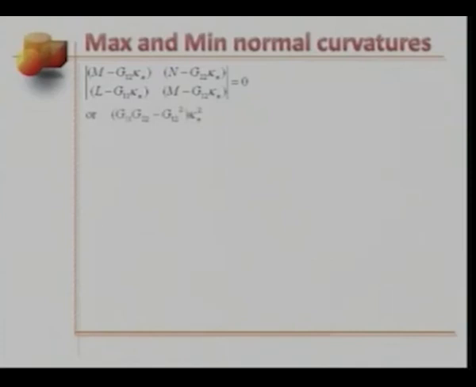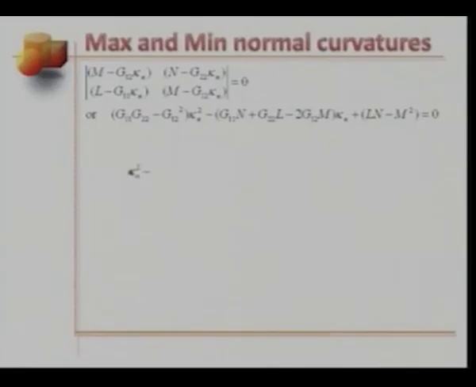That would give us (G11 G22 minus G12 squared) times kappa sub n squared minus (G11 times n plus G22 times L minus 2 times G12 times m) times kappa sub n plus (ln minus m squared) is equal to 0. We have another quadratic in terms of kappa sub n.